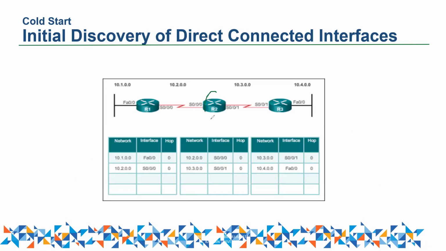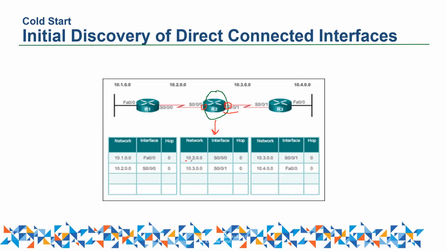Let me explain this. Focus on R2. As you know, R2 is connected on two interfaces, this interface and this interface. These are the interface IDs, serial interfaces S0/0/0 and S0/0/1. This is the IP table, the routing table.